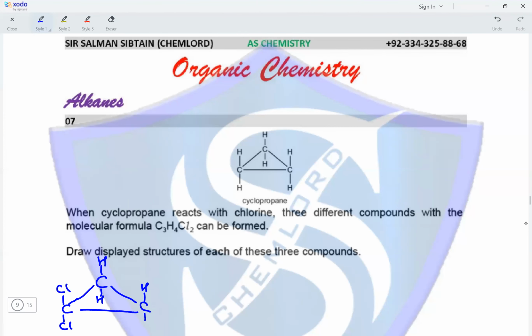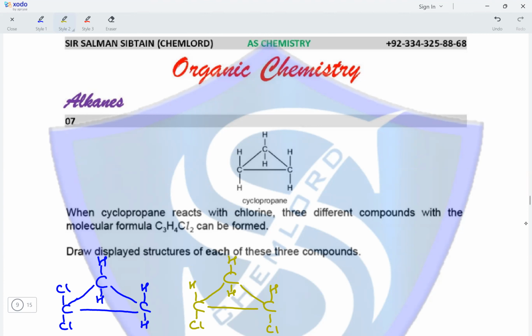Another would have the two chlorine atoms on two adjacent carbon atoms, so one chlorine here and one chlorine here. This would be the second possible compound that can form.